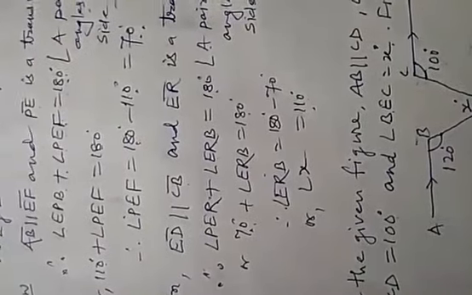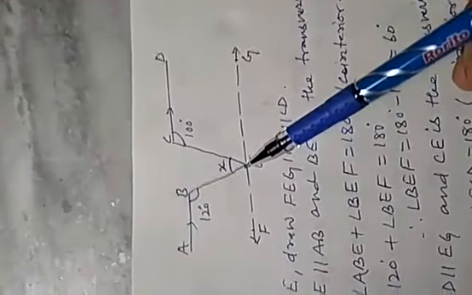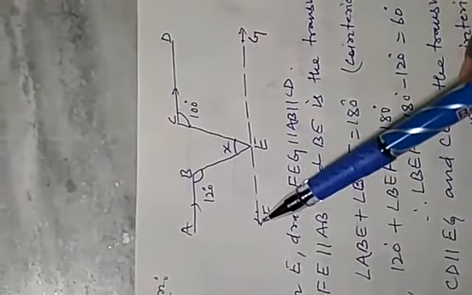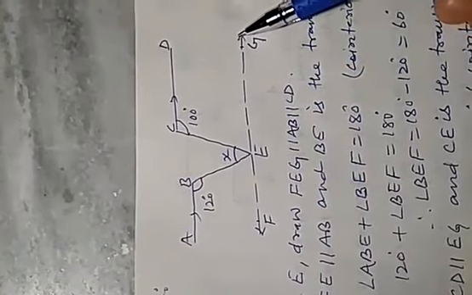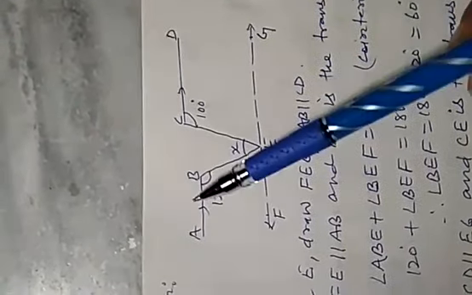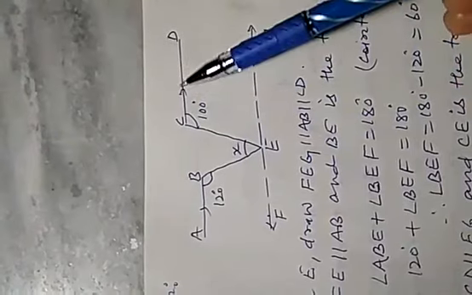Now, the solution is here. Student, first of all, through E, draw a line FEG which is parallel to AB and CD.